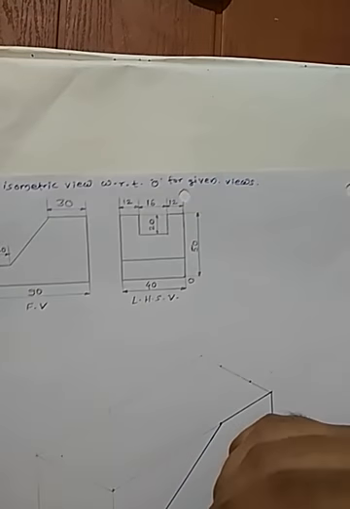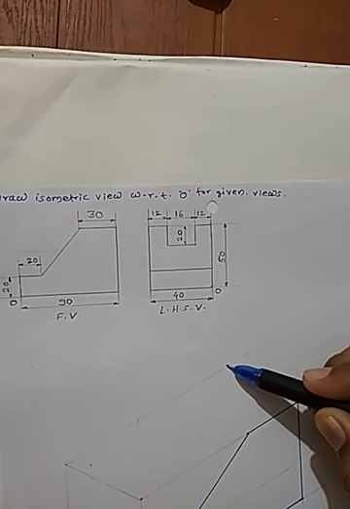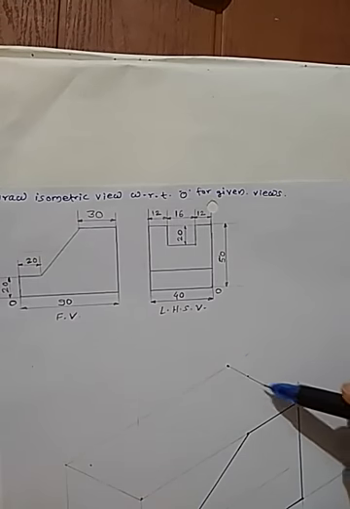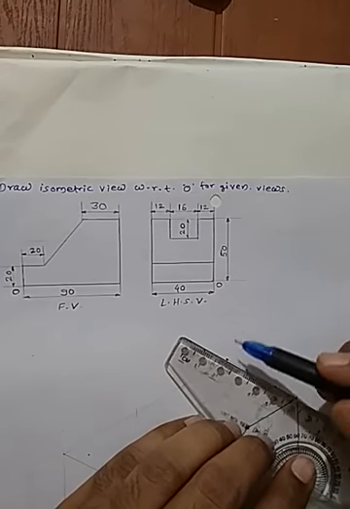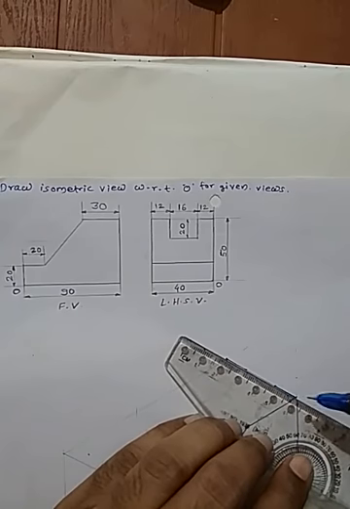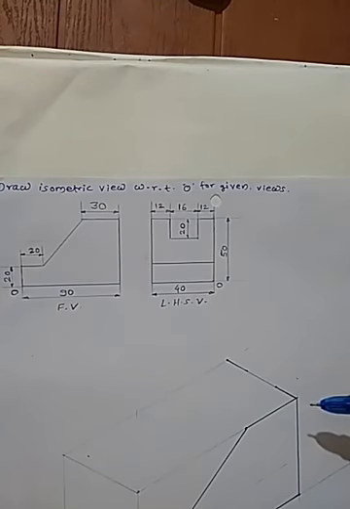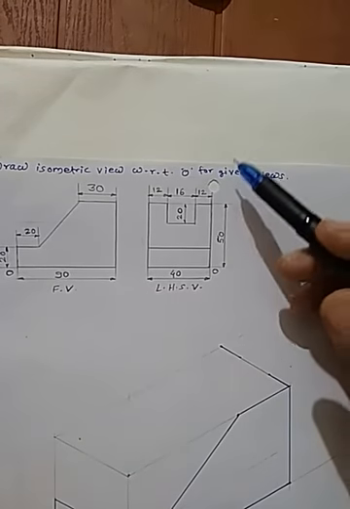Now again in the side view, we have marked these 4 points, 1, 2, 3 and 4. Those are at 12 mm from the left and right side. I will make it dark. Now we need to show the depth, which is 20 mm.